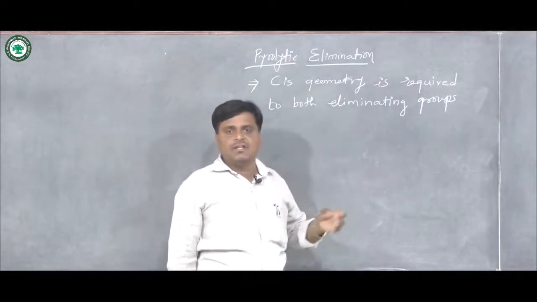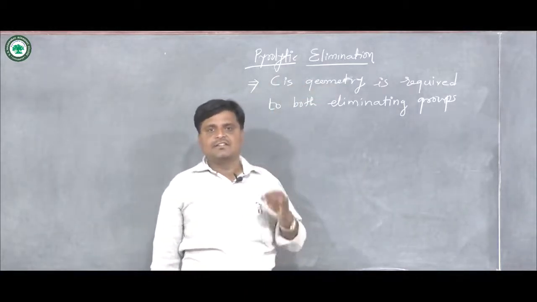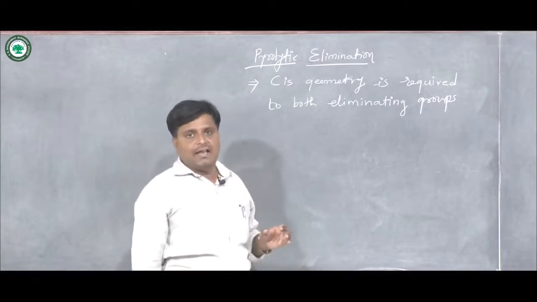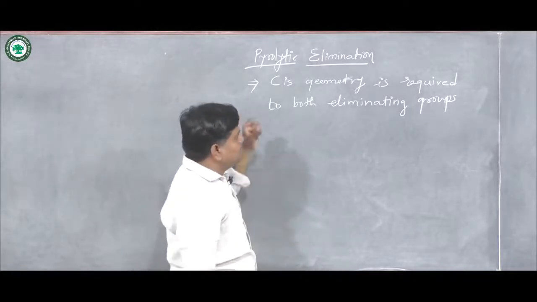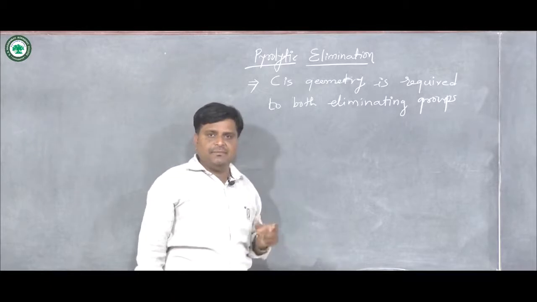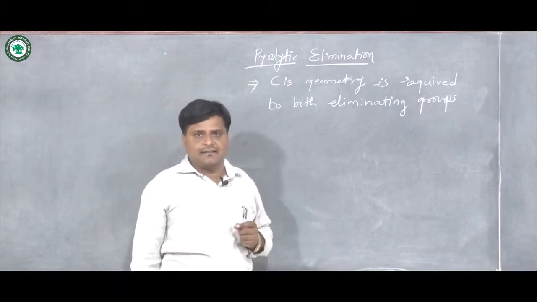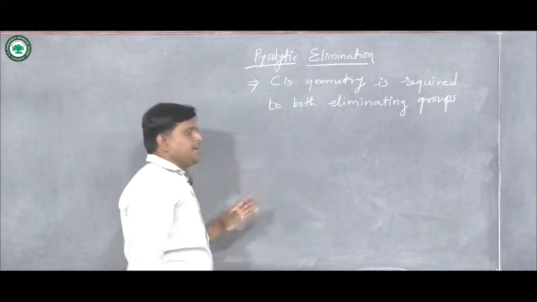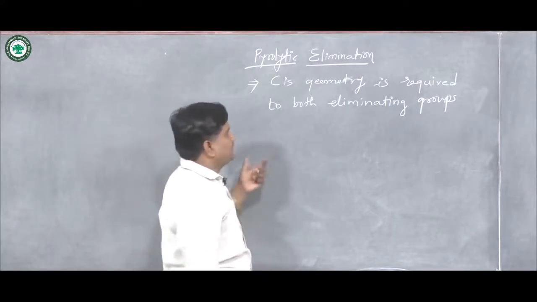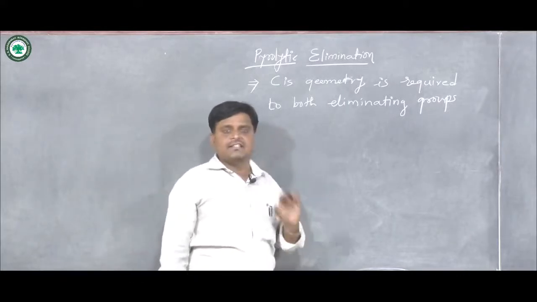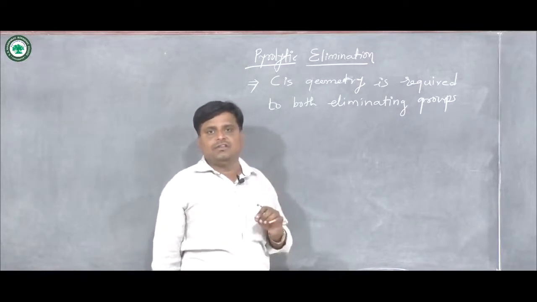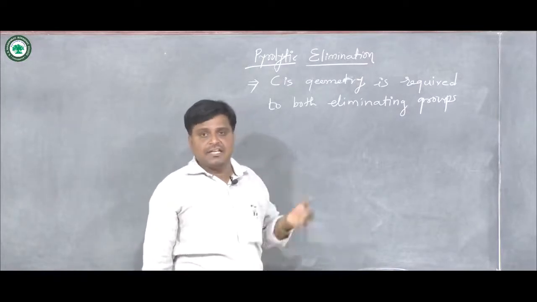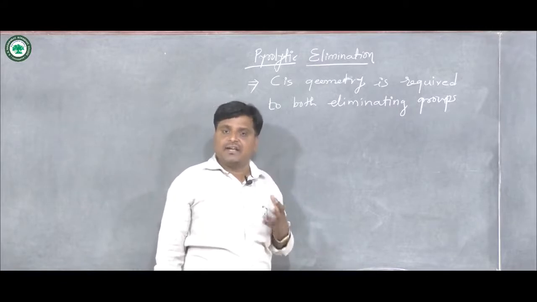Why? Because in the last lecture we discussed that the requirement for elimination is trans-diaxial. Actually, in ordinary examples, we can see the trans-diaxial geometry is best for elimination, and faster elimination reactions are carried out in that case.